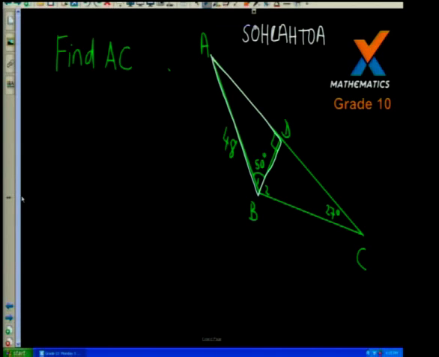So in this right angle triangle, if I'm wanting to at the end find what the length of AC is, it's obvious that AD would be quite useful at this stage because it's part of that line segment AC.